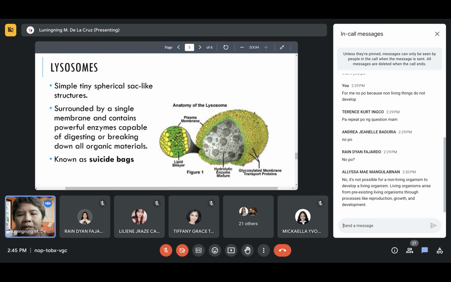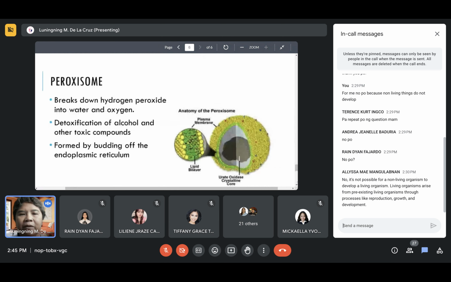Because anything that goes into the lysosome is broken down to the different organic materials. Then we have the peroxisome. It breaks down hydrogen peroxide into water and oxygen. It is good for the detoxification of alcohol and other toxic compounds. It is formed by budding off the endoplasmic reticulum.